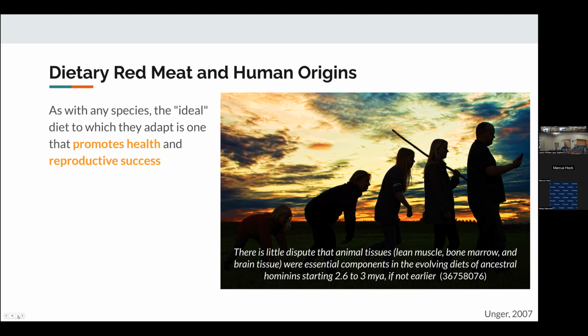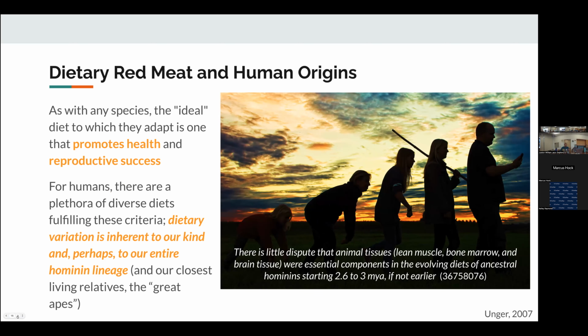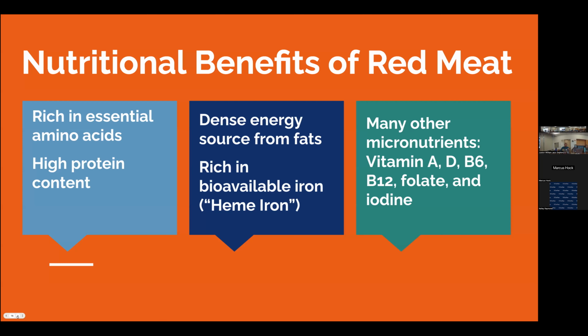Where did your ancestors move? Were they in Africa? Did they migrate up north to the Arctic and depend on seal fat, for example? And so an ideal species adapts to a diet that promotes health and reproductive success. And humans have been very fortunate in that we're very adaptable, and dietary variation is inherent to our kind and perhaps to the entire lineage.